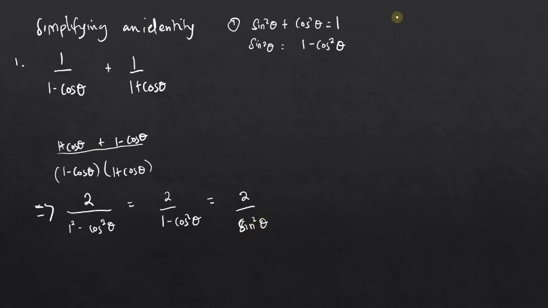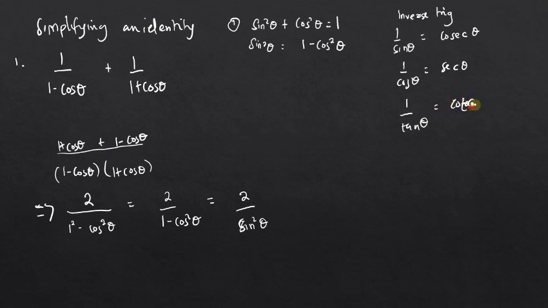Also remember we learned the inverse trig ratios, where we know that 1 over sine theta is cosecant theta, 1 over cos theta will be equal to sec theta, and 1 over tan theta will be equal to cotangent, cot theta.